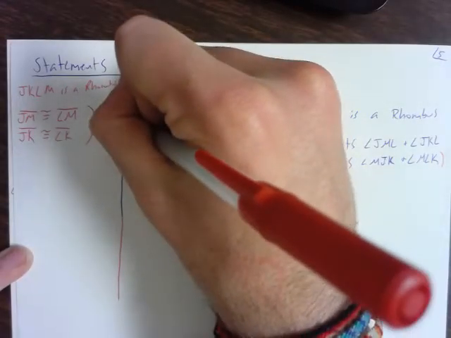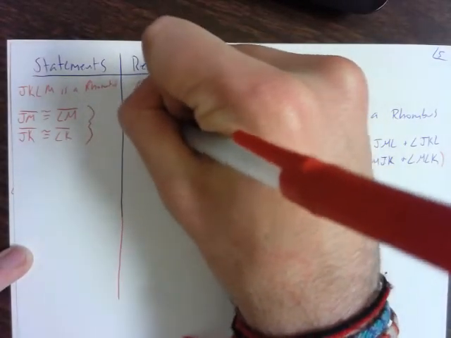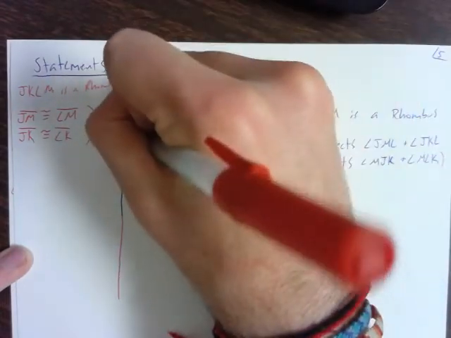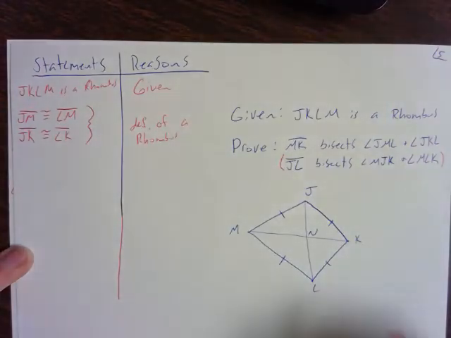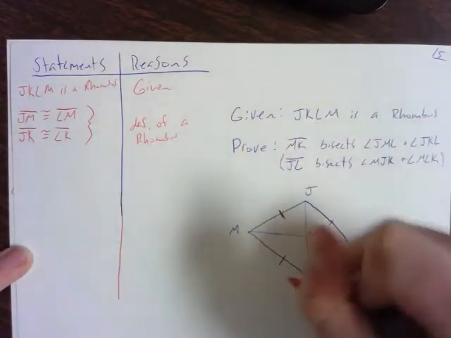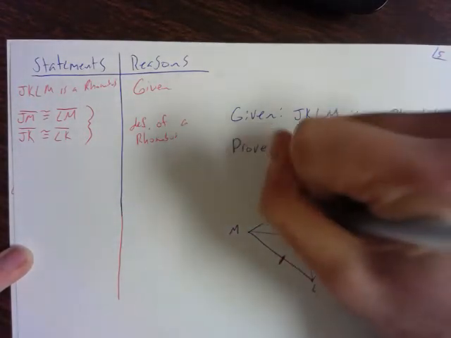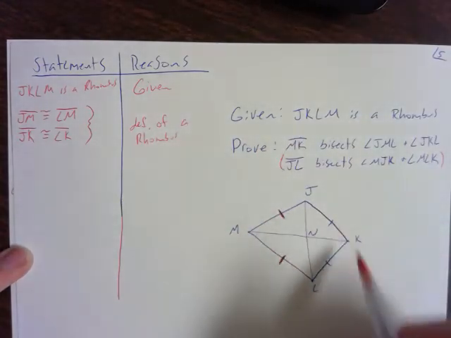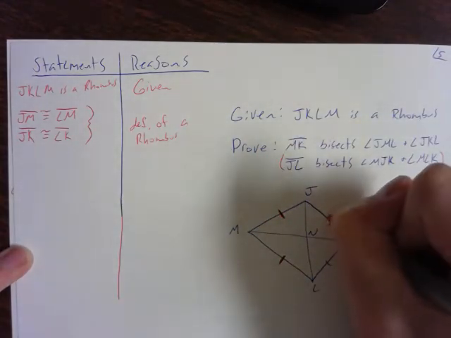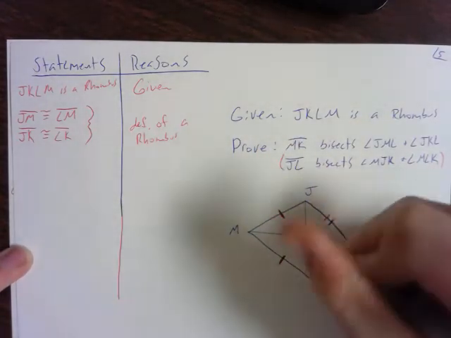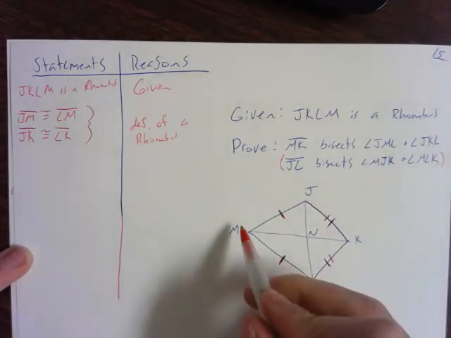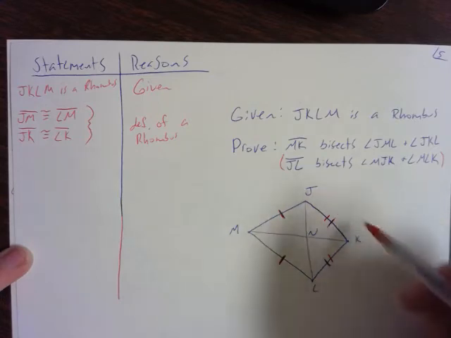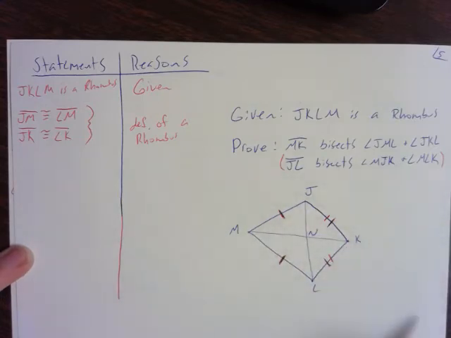And this is the definition of a rhombus. Okay, so these two are parallel. And even though they're all the same, I'm going to go ahead and signify how I wrote them out. So I have JM and LM there with the 1, and I have JK with LK with the 2.